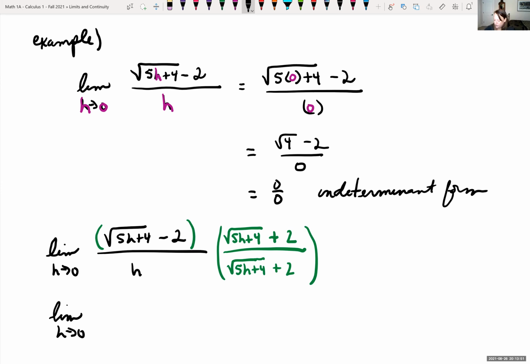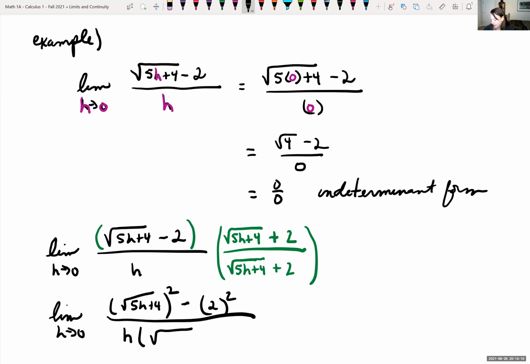We're just going to square the first term, so square root of 5h plus 4, quantity squared, minus squaring the second term, so 2 squared, all over, let's not distribute the h in the denominator. Let's just leave it with that factor, square root of 5h plus 4, and then outside plus 2.